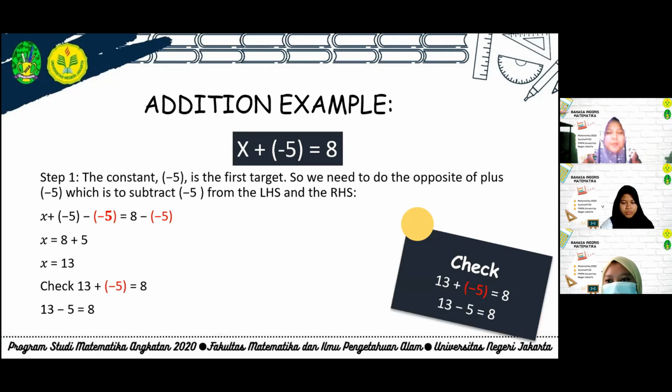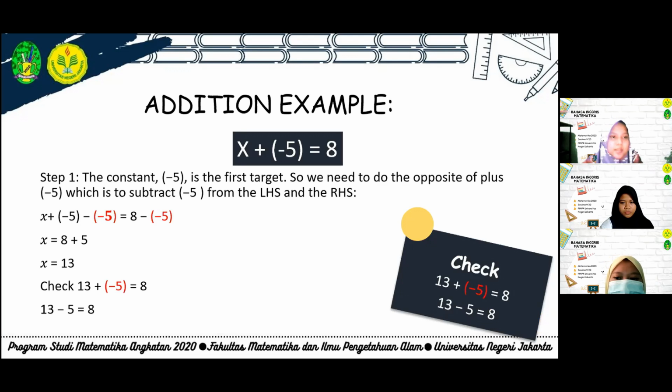Addition example. x plus negative 5 equals 8. Step 1. The constant negative 5 is the first target. So we need to do the opposite of plus negative 5, which is to subtract negative 5 from the left side and right side. x plus negative 5 subtract negative 5 equals 8 minus negative 5.